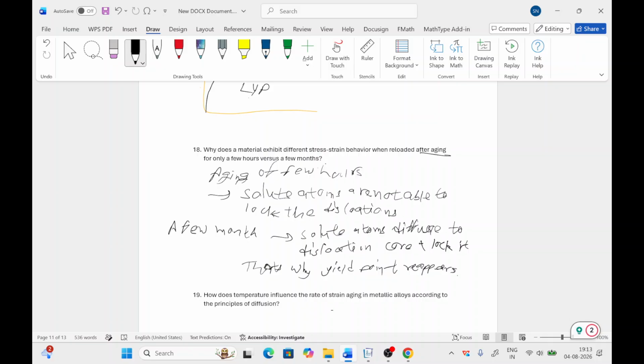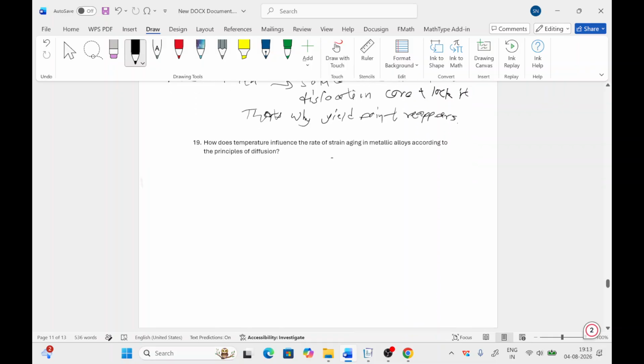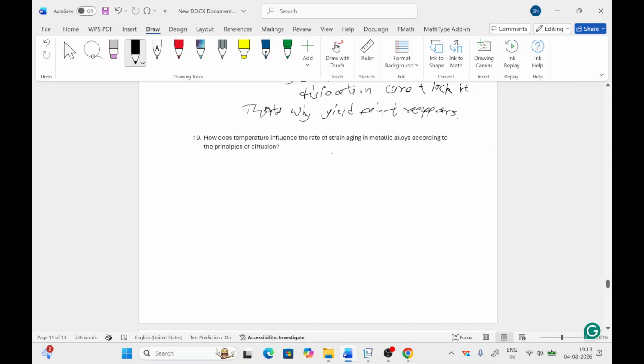Okay. So next question is, how does temperature influence the rate of strain aging in metallic alloys according to the principle of diffusion? So with temperature, we have the velocity of the atoms.